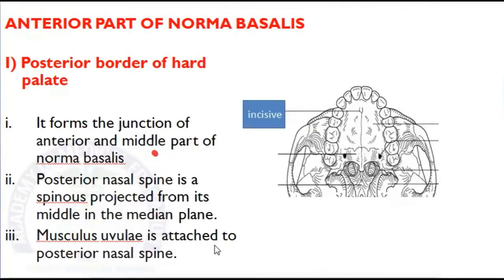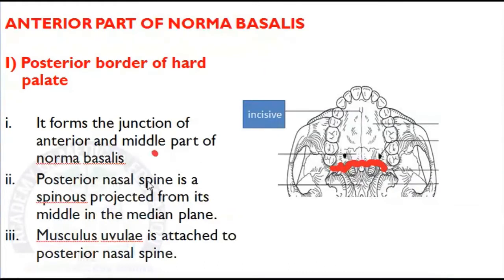Now the anterior part of Norma Basilis view. First is the posterior border of the hard palate. You are seeing here the posterior border of the hard palate. It forms the junction of the anterior and middle parts of Norma Basilis view. This is the junction point.